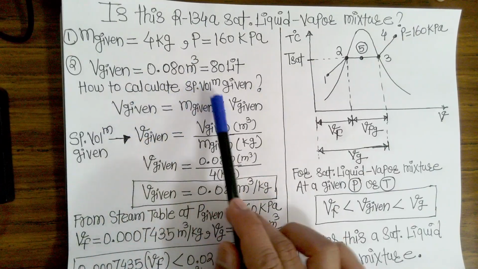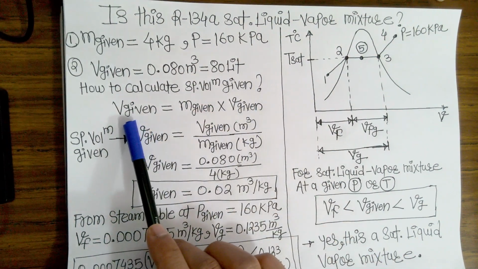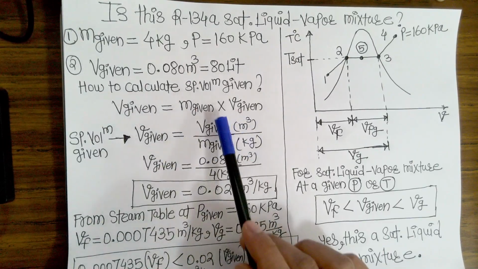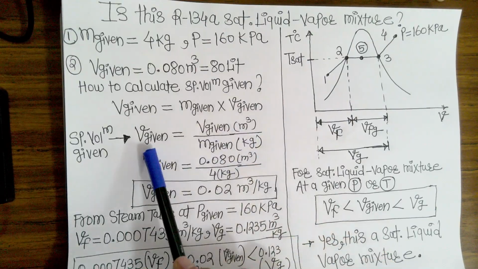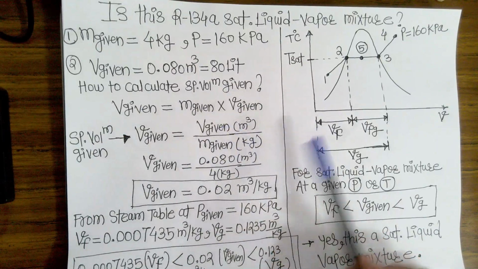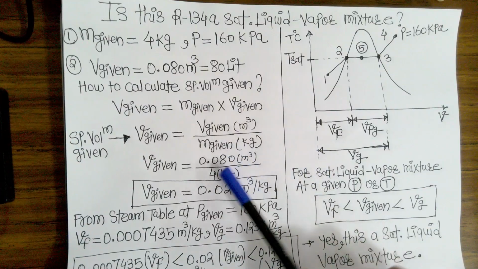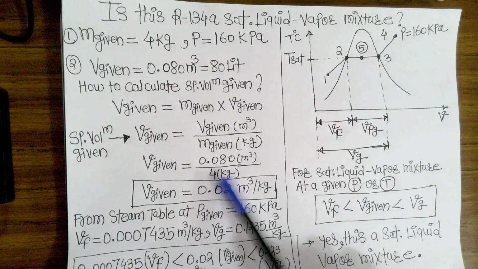How to calculate the specific volume of the refrigerant? The volume of the refrigerant is equal to the mass of the refrigerant multiplied by the specific volume of the refrigerant. So the specific volume of the refrigerant is equal to the volume of the refrigerant divided by the mass of the refrigerant. The volume of the refrigerant is 0.08 meter cube, the mass of the refrigerant is 4 kg.